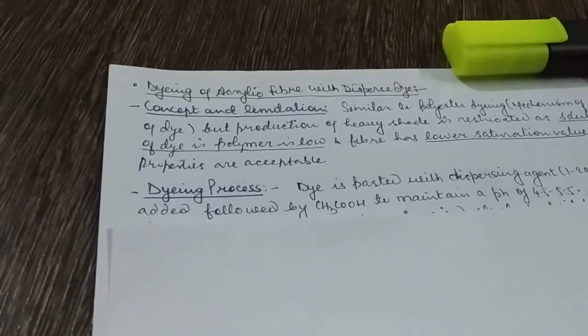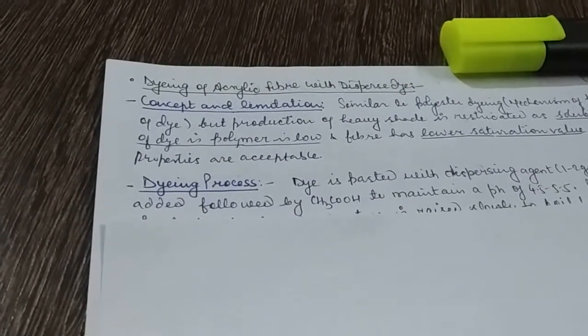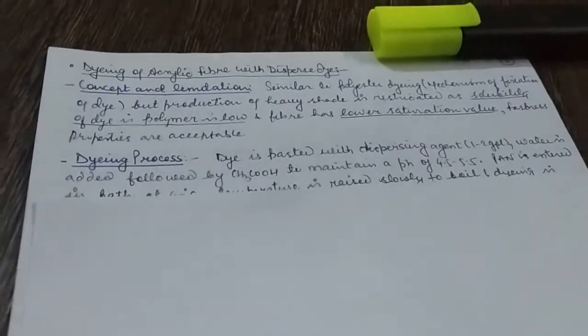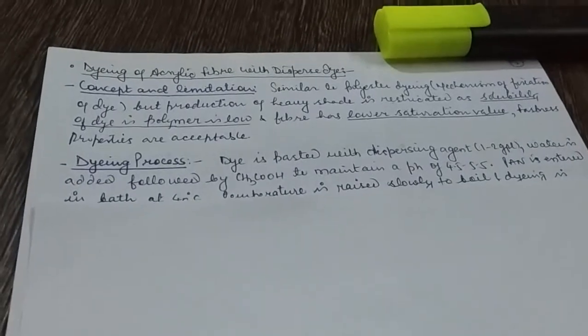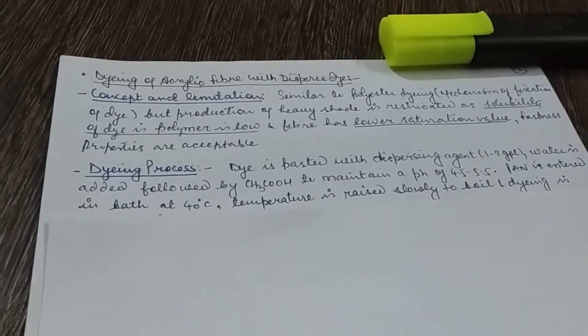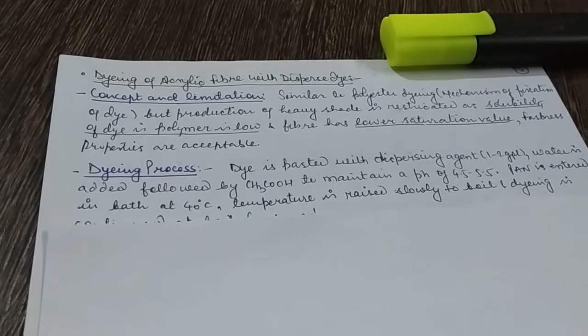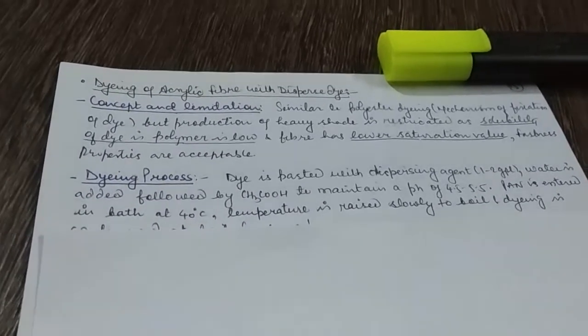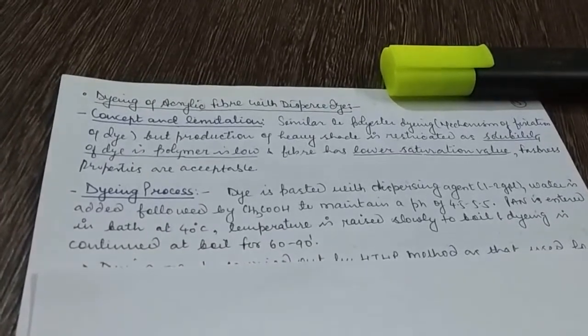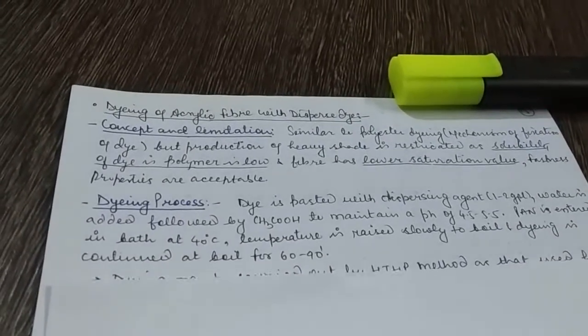Now we will discuss the dyeing process. Dye is pasted with dispersing agent. Water is added, followed by acetic acid to maintain the pH of the dye bath around 4.5 to 5.5. Then the fabric is entered in the bath at 40 degrees centigrade. Temperature is raised slowly to boil, and dyeing is continued for 60 to 90 minutes, depending on the depth of the shade.